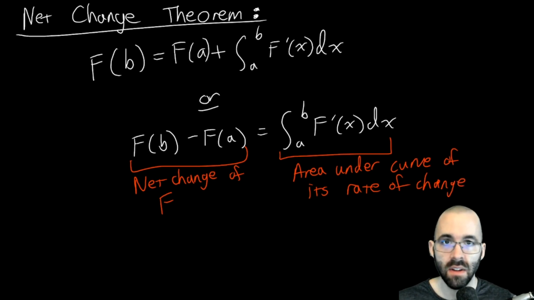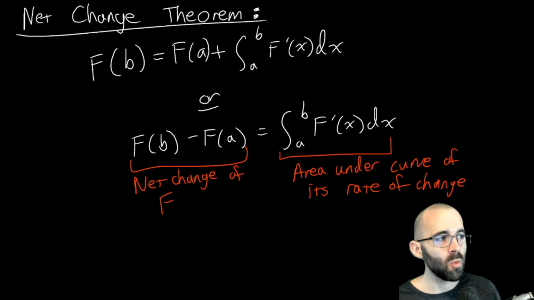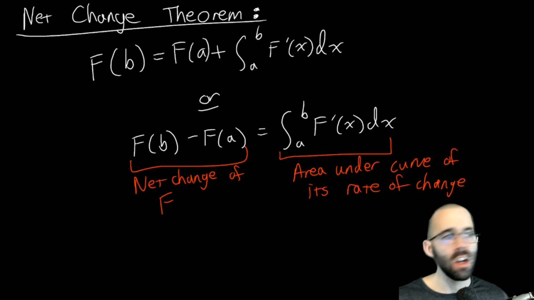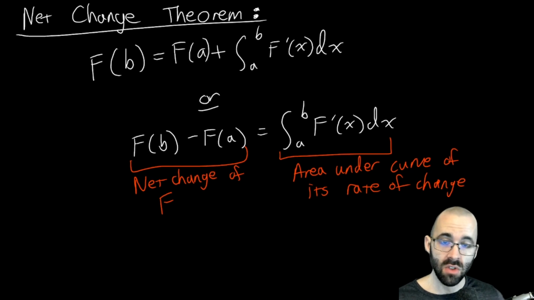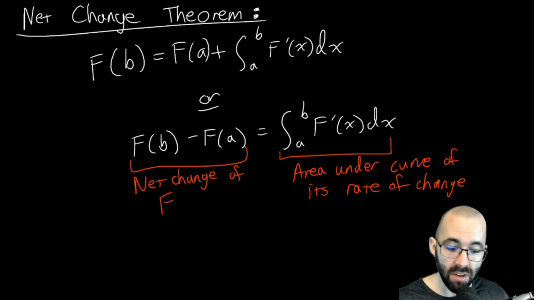And that's what we're doing in this section. A bunch of applications of, okay, what are some different quantities that we can look at where we're interested in the rate of change, the net change, and we might already have the rate of change or slope or derivative.